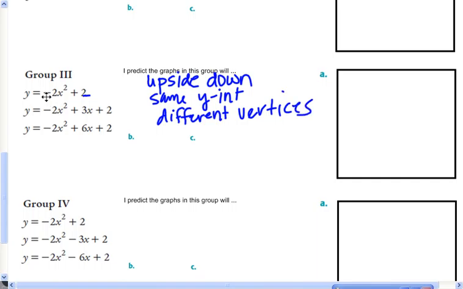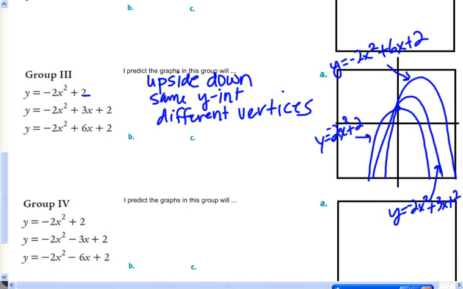All right, so I'm going to go ahead and graph it and sketch my graph. All right, so I got my sketch here, and I labeled them, and again, you can see that our vertex moved, which is also our line of symmetry. And you can see that they do all have the same y-intercept, they're all upside down. So it seems like the effect of this negative was to turn it upside down.